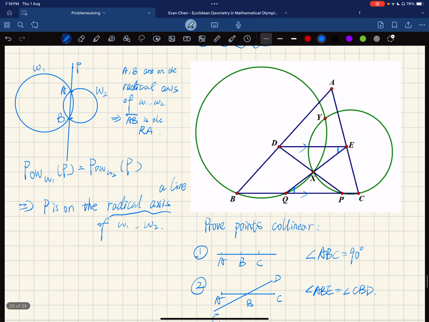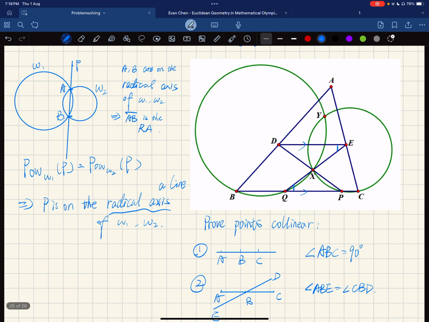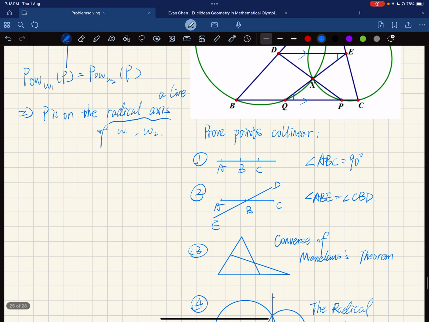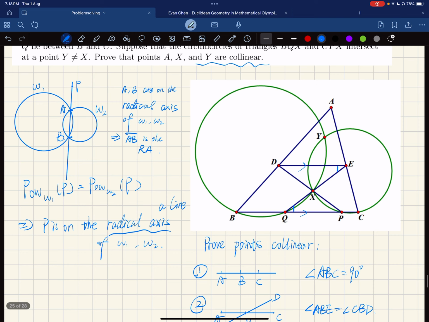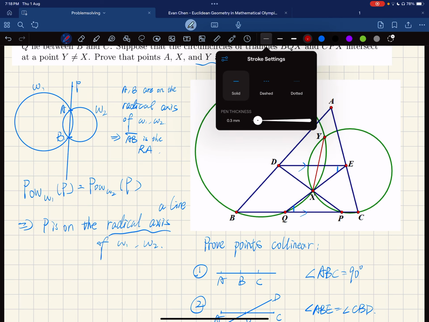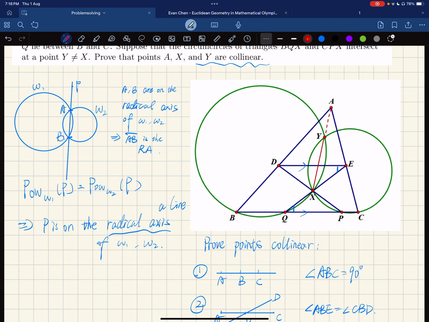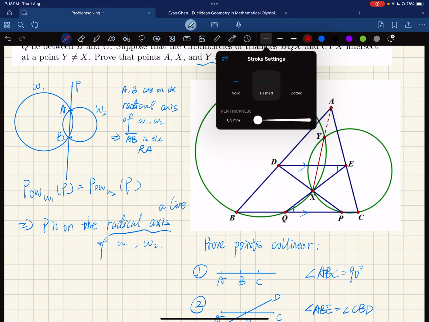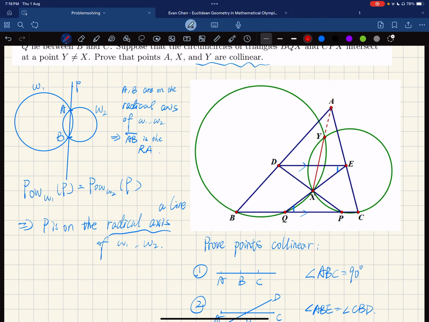After knowing this, it is clear, because for the four methods, if we try to prove that angle AYX equals 180 degrees, what should we do?